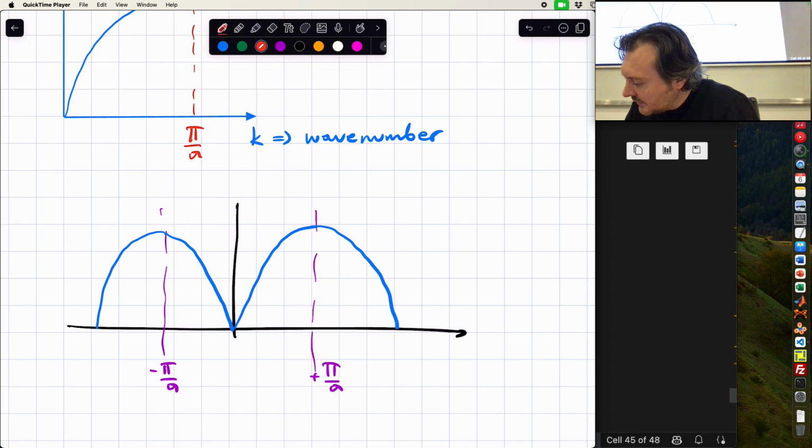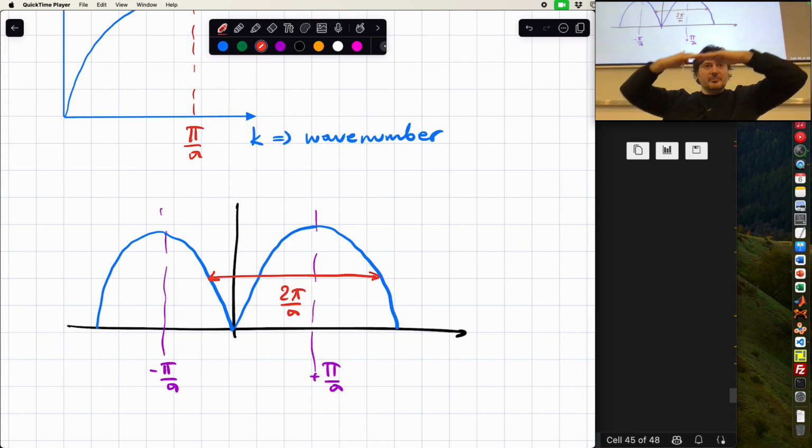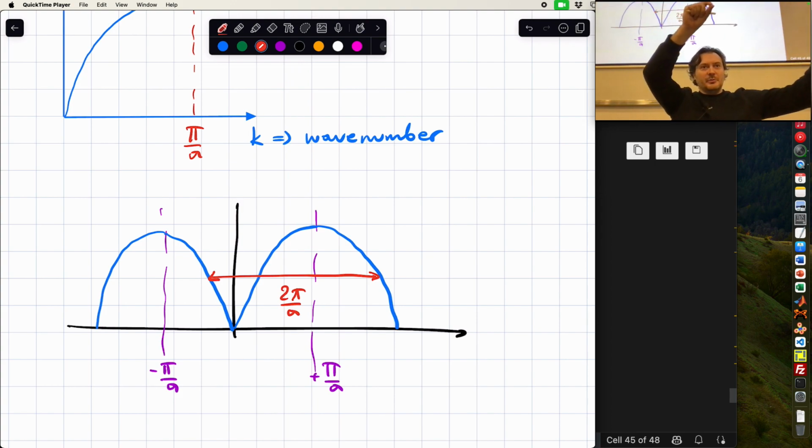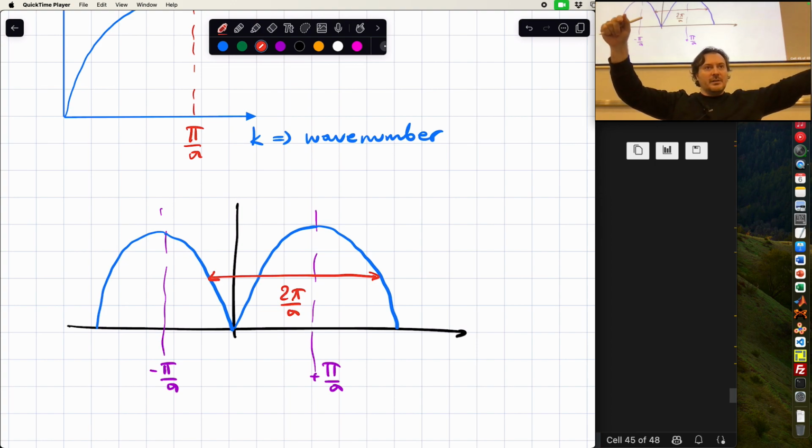And if you have a ruler that has a length of 2 pi over a, and you put it anywhere you want on the plot, it will point to the same point on the other side. Now there is a good reason for that.